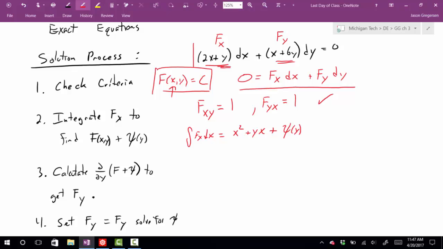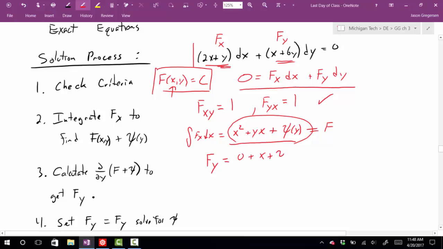All right, now how do I figure out what psi is? So this is basically my solution. That's my f, right? But I don't know what the missing piece is. To figure out what that is, I calculate the partial of this thing with respect to y. This is my first guess at f. I take that guess and calculate this. I get 0 plus x plus psi prime. That's one representation for the partial of f with respect to y.